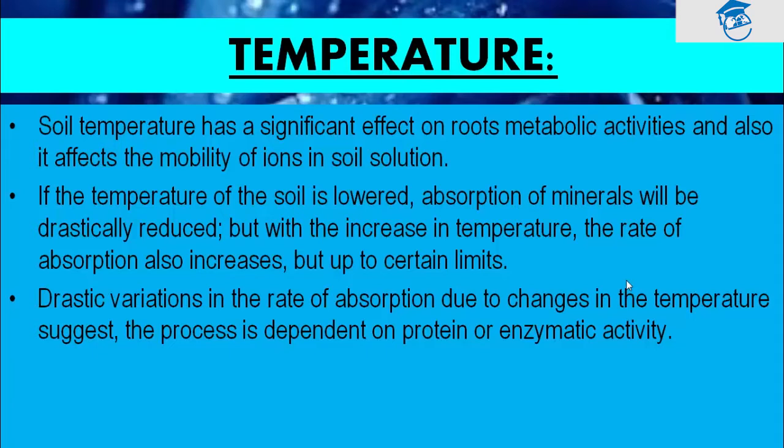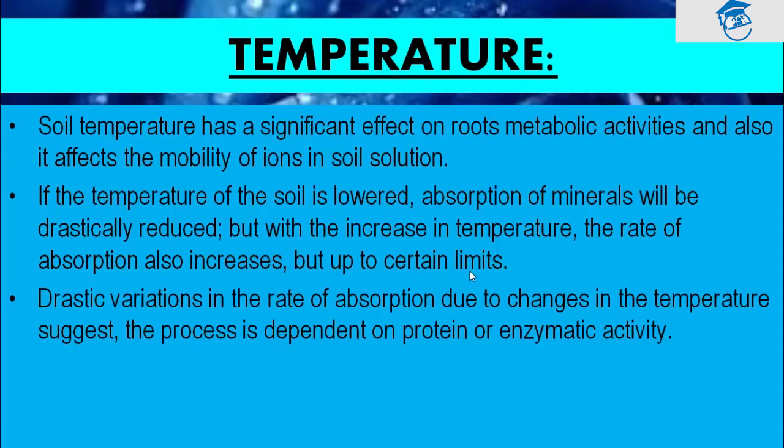If the temperature of the soil is lowered, absorption of minerals will be drastically reduced. That means the temperature of the soil should be at optimum levels for good absorption of minerals from the soil to the roots. With increase in temperature, the rate of absorption also increases, but up to a certain limit. That means there is a limit to it.